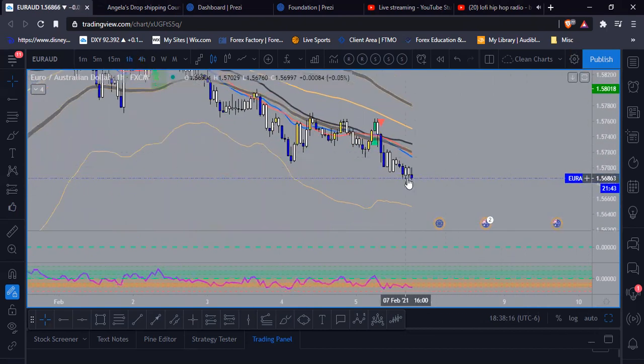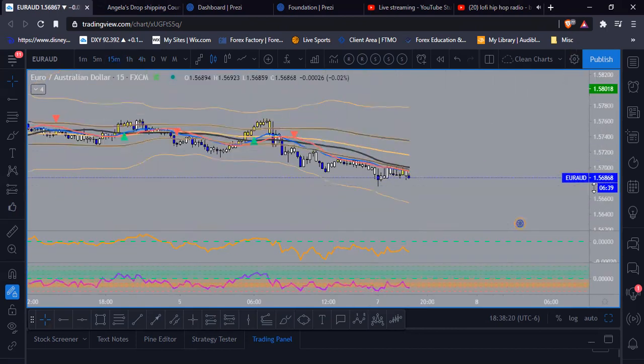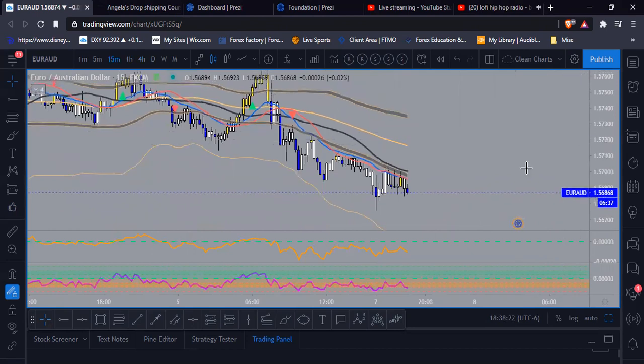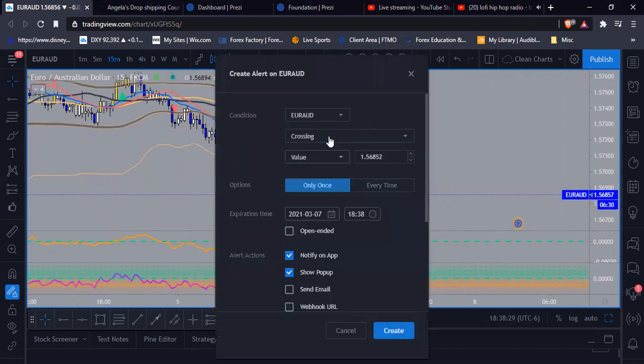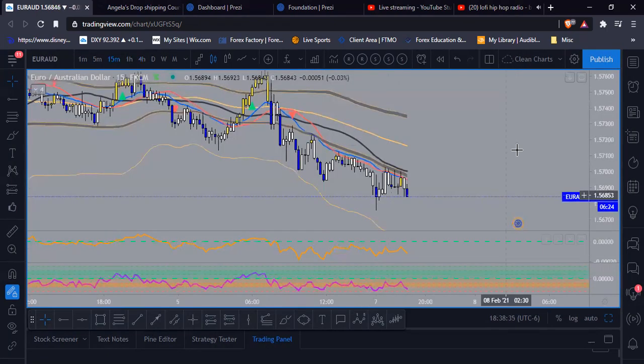EURAUD over here showing some rejections on the hourly, but doesn't look that great. And 15-minute time frame setting up for a buy. So yeah, the 15-minute setup could play out, and I'll definitely be watching for a quick buy setup. Why not?